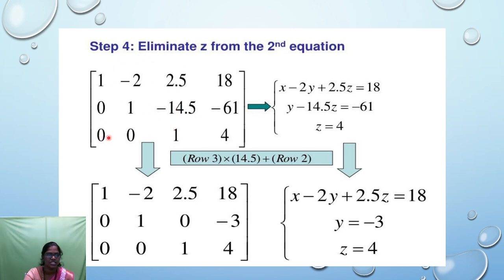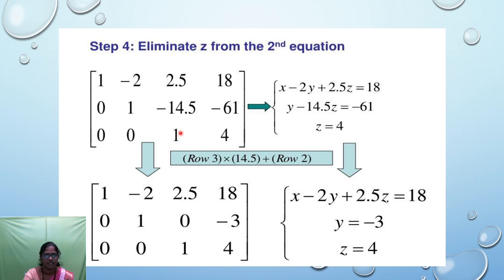So here using the third row to convert these two elements to 0. Okay. So using R3, we multiply by 14.5 and add with this. What do we get? Here we get 0. Okay.